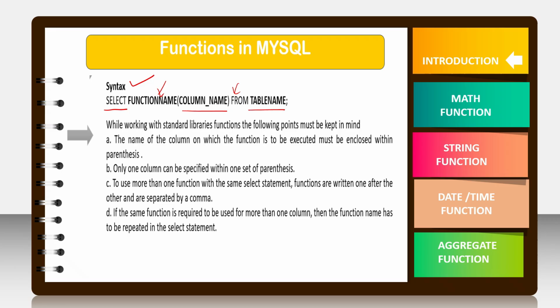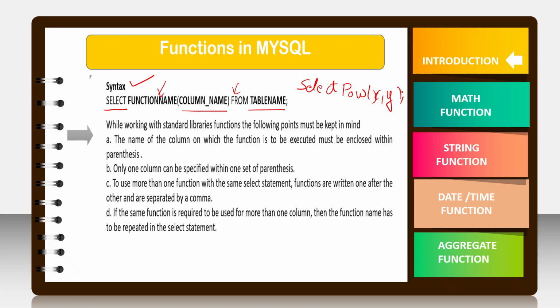If you are not using any table, then you can follow this syntax: select, and then you write the function name, and then the parameters. Suppose select POW, and then we pass some parameters, so it will give you the result. A semicolon is compulsory, as you already know that it terminates a query, so we have to give a semicolon.